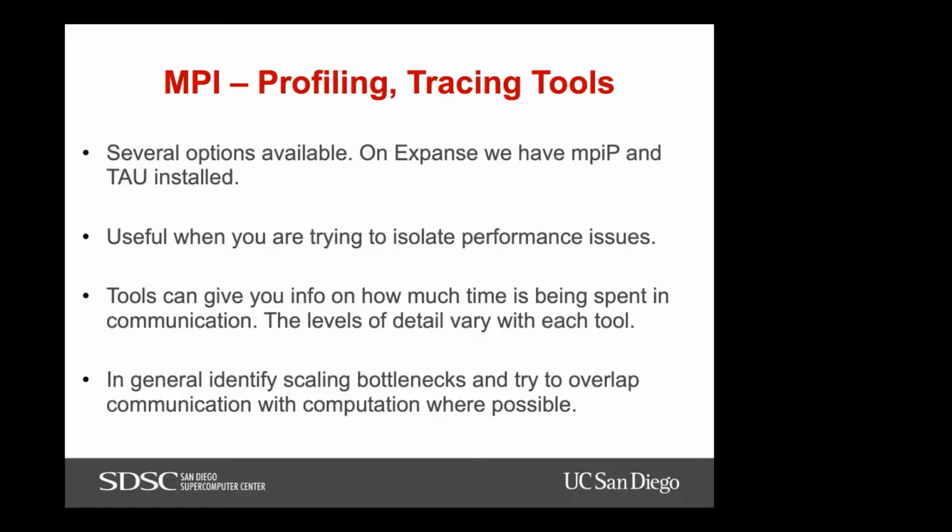These are useful if you're trying to isolate performance issues. What the tools can do is give you info on how much time is being spent in communication, depending on the tool. TAU has a lot more options and can give you a lot more information beyond just communication; it can also tell you what the code is doing on the node. So in general, you can find these scaling bottlenecks.